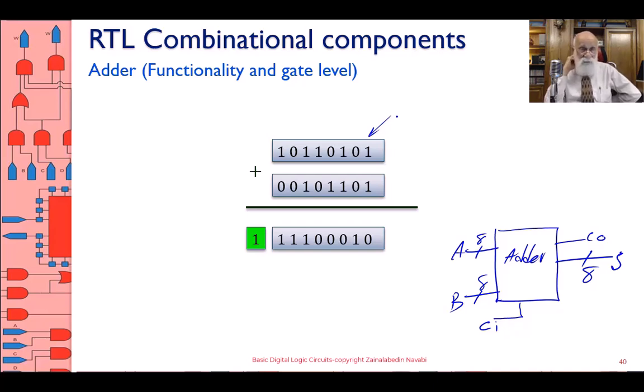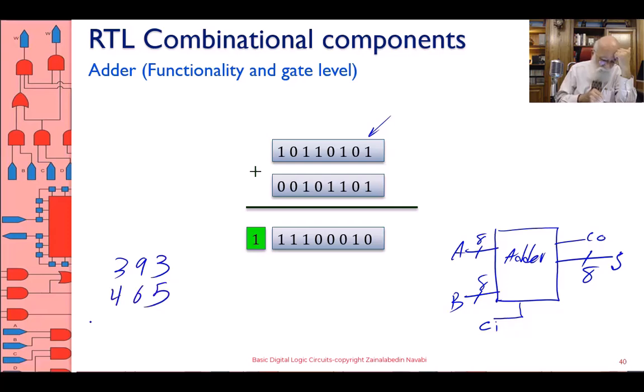And obviously, we cannot do 17-variable Karnaugh maps. So let's say this is not going to be done, and let's look at it slice by slice. Okay, let's do it the way we do it in decimal. How do we do it in decimal? 393 plus 465.